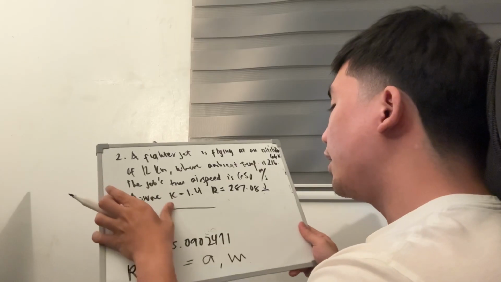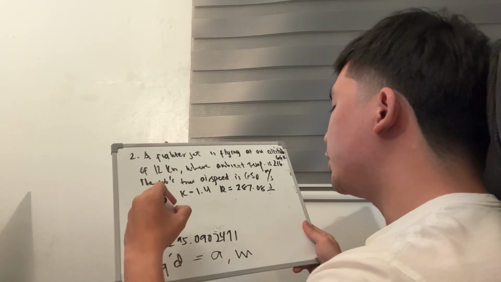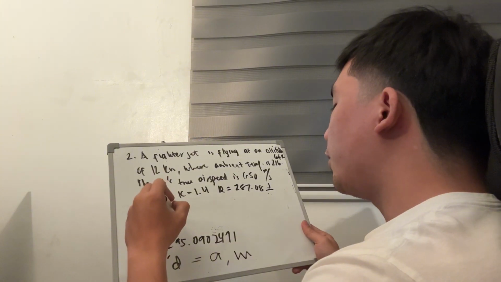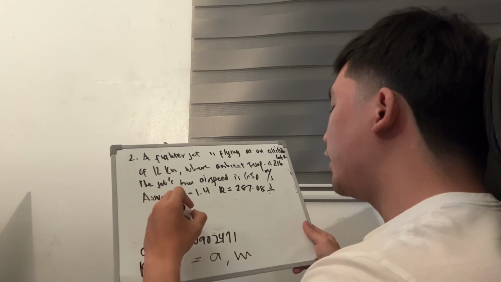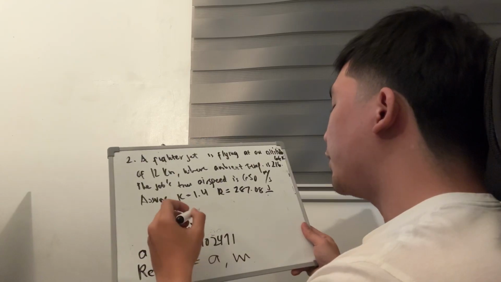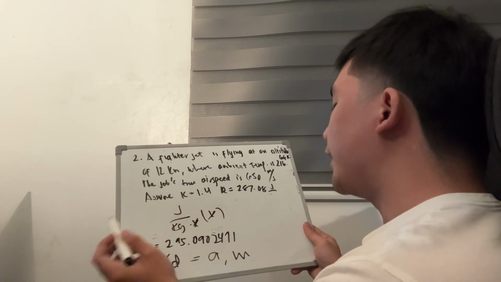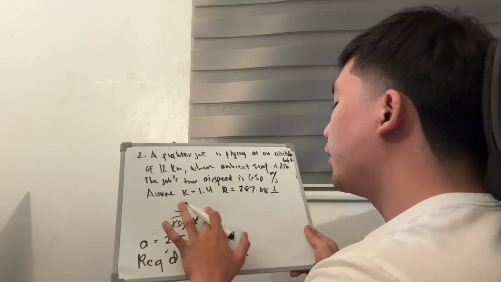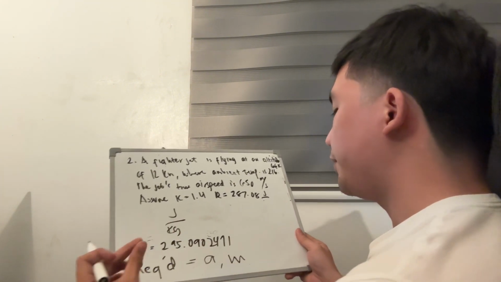Since K is unitless, we don't need to put it in. For our R, we have J over kg·K, and for our temperature, it is simply K. So let's just cancel it out. So we have J and kg left.